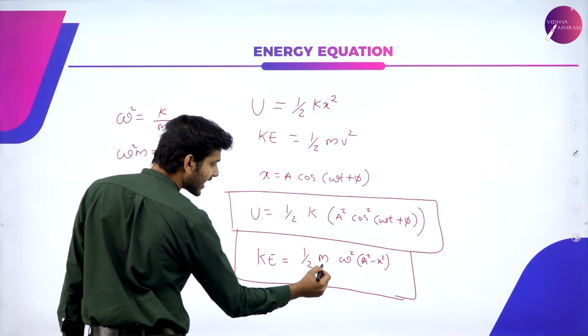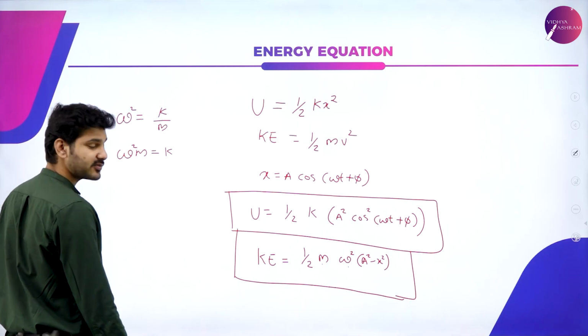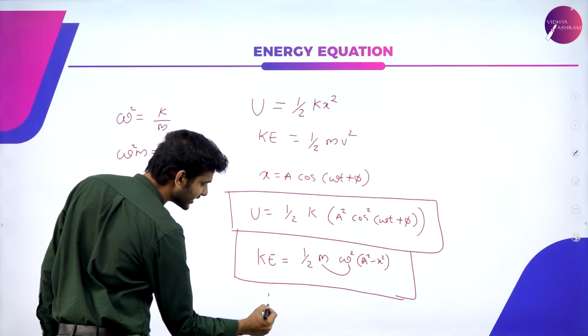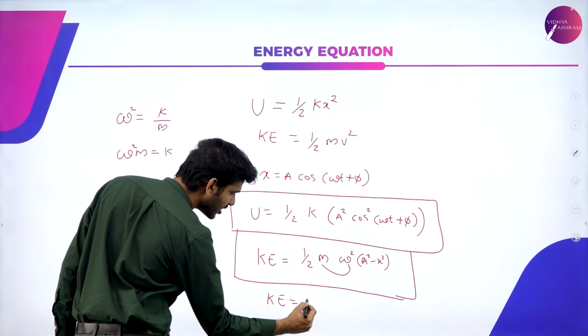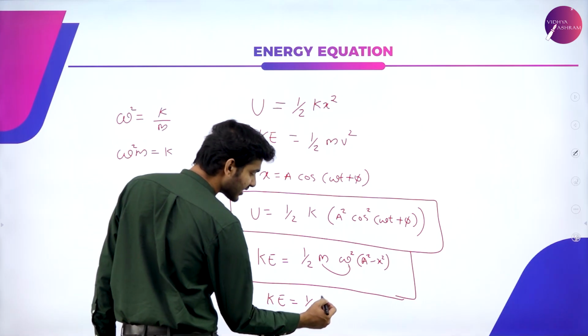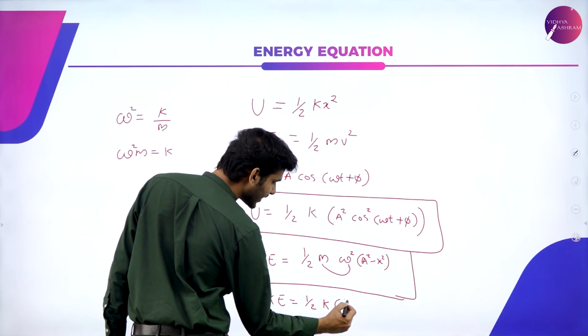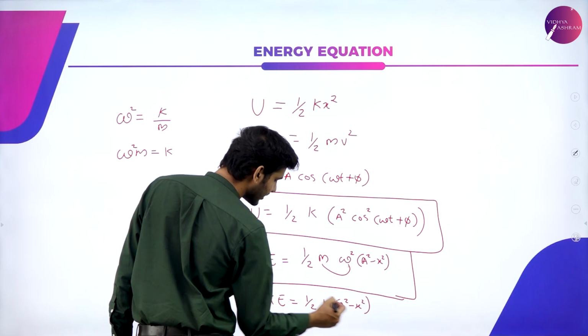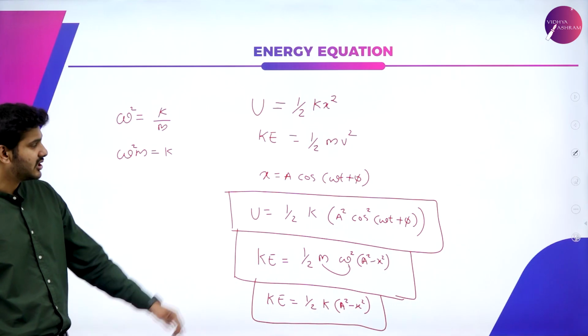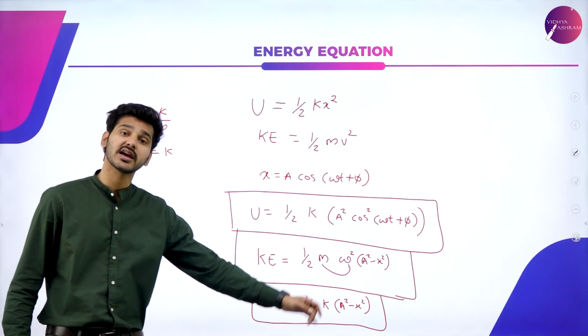Because there is an m and omega square here, which means I can club these together and write it as k. So I can write KE is equal to half, instead of m omega square, we have k into a square minus x square. So you have potential energy here and kinetic energy here.